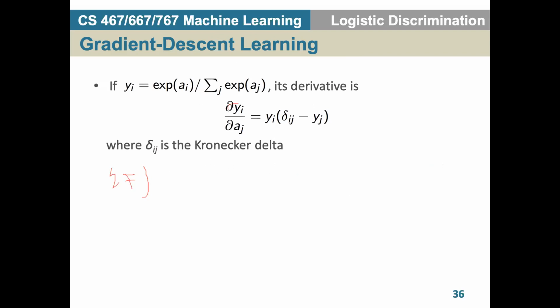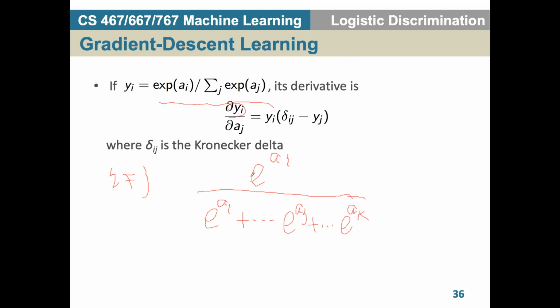We need to write out y. yi is exponential ai, divided by exponential a1 plus and so on, plus exponential aj, plus exponential ak, over the k classes.